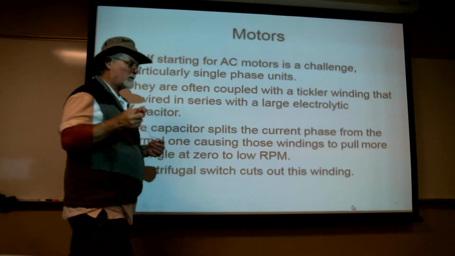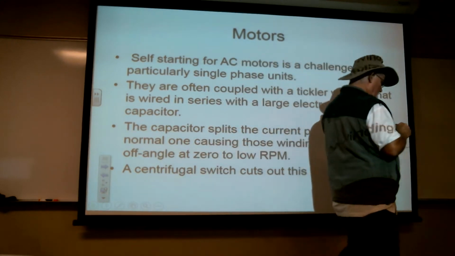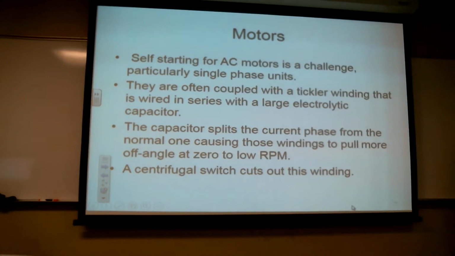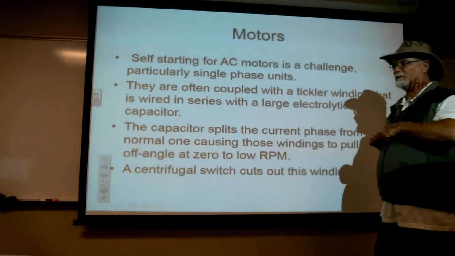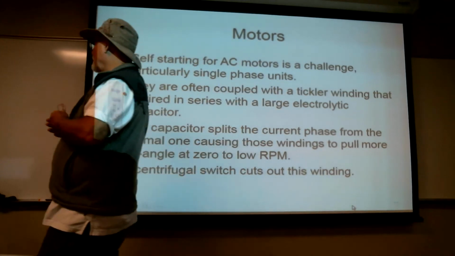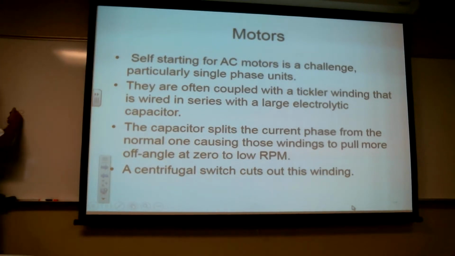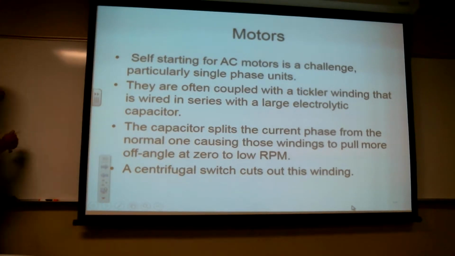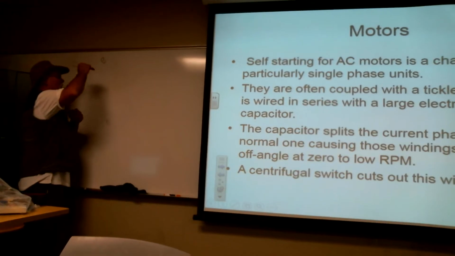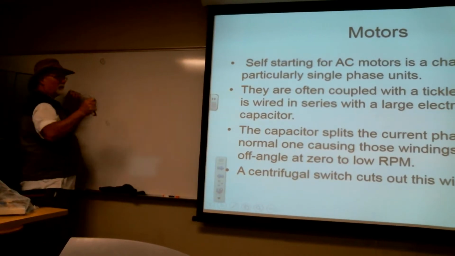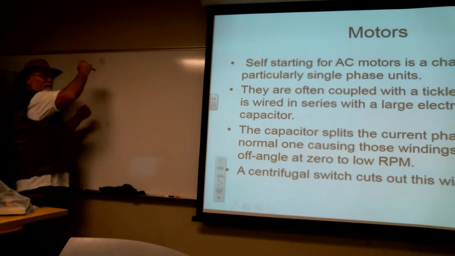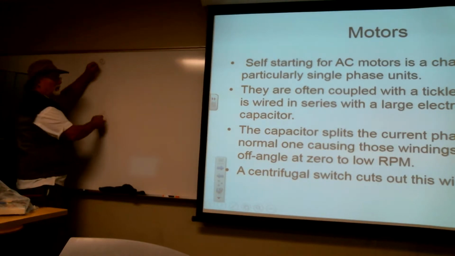So in the case of the light bulb, if I really only had 2 light bulbs, which is kind of what happens when I do single phase. Okay, well, I might have a bunch of winding, but I really only have 2 light bulbs. And I'm going to turn it on one way, and then turn it on the other way, and then turn it on one way, and then turn it on the other way.